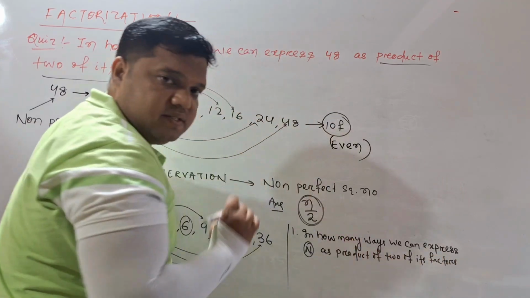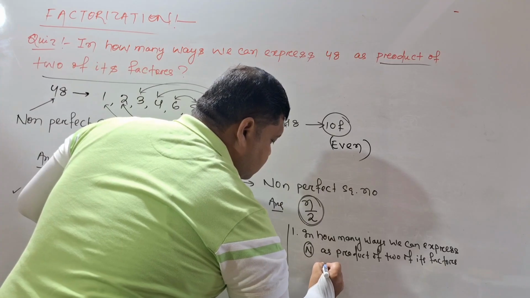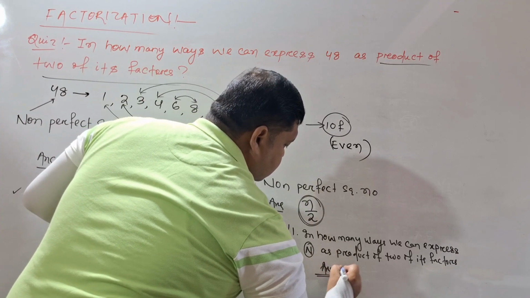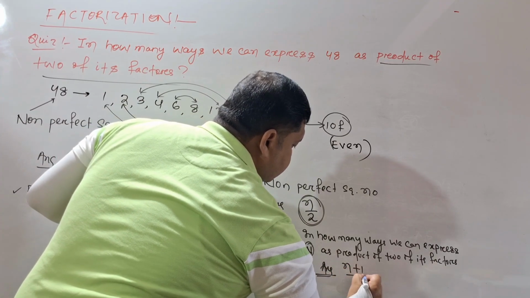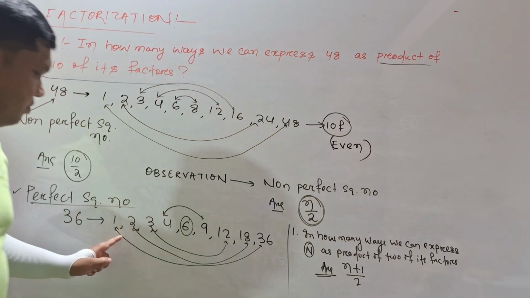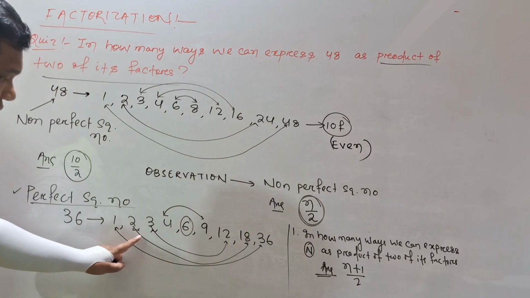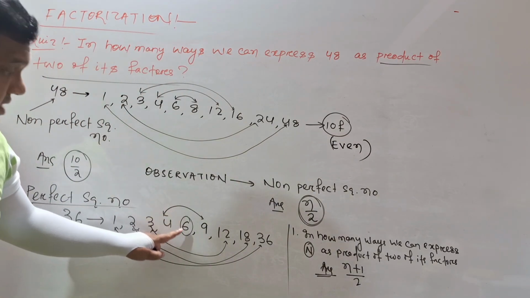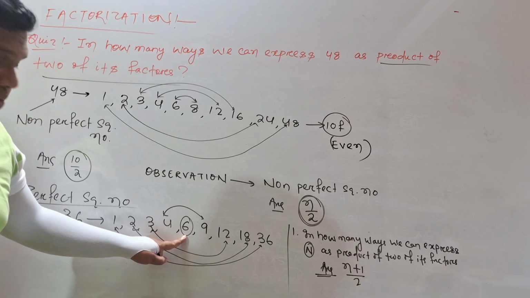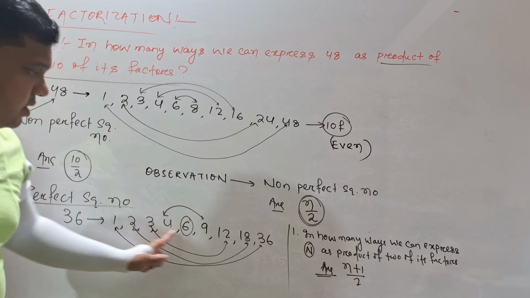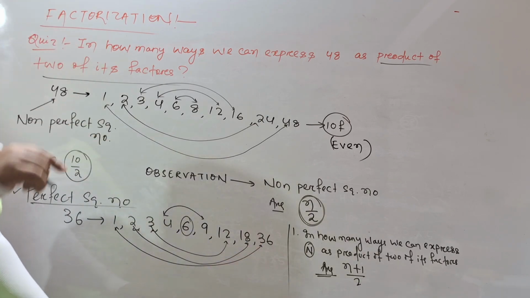If this is written directly, then your answer is (number of factors plus 1) divided by 2. Look here, how many solutions are there? 1 into 36, 2 into 18, 3 into 12, 4 into 9, and 6 into 6, so 5 solutions. The total number of factors is 9. So (9 plus 1) by 2.